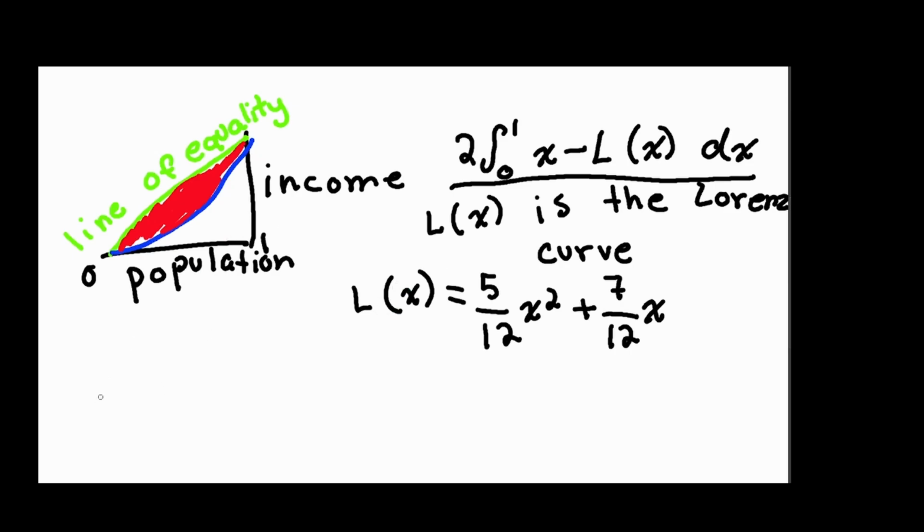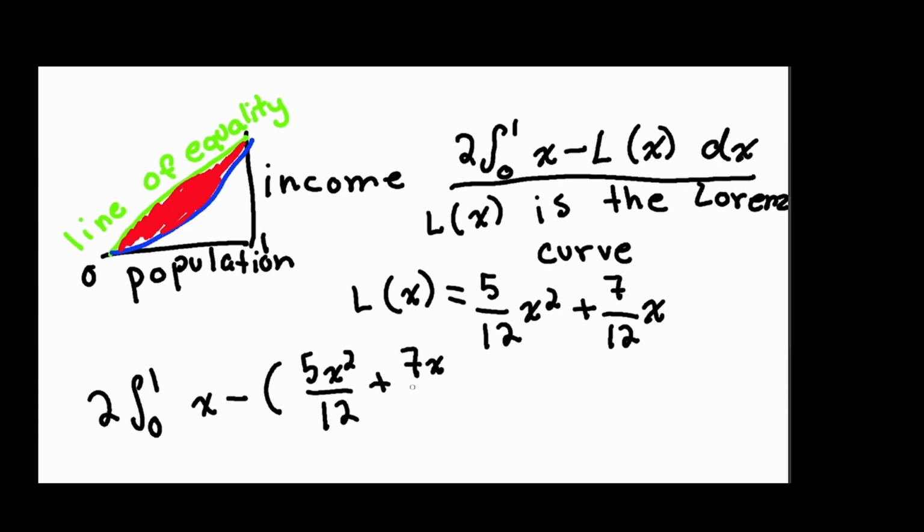So to find the Gini index in this situation, we would have 2 times the integral from 0 to 1 of x minus, don't forget the parentheses, 5x squared over 12 plus 7x over 12, dx.